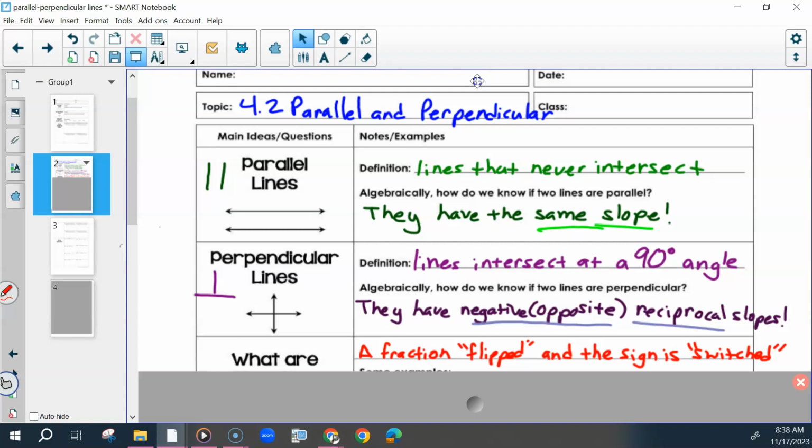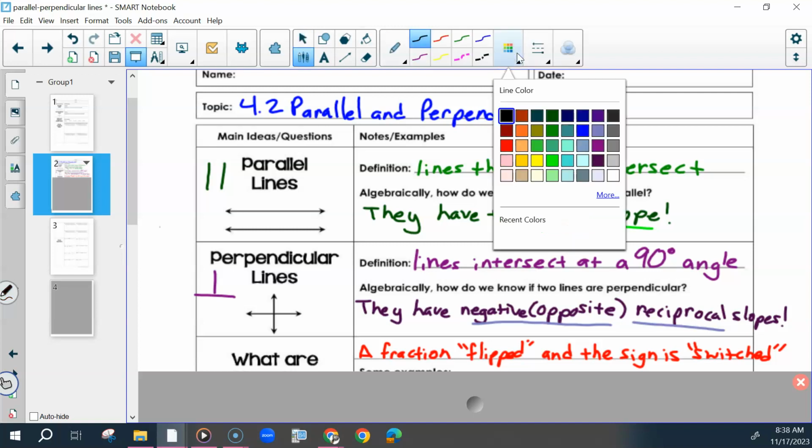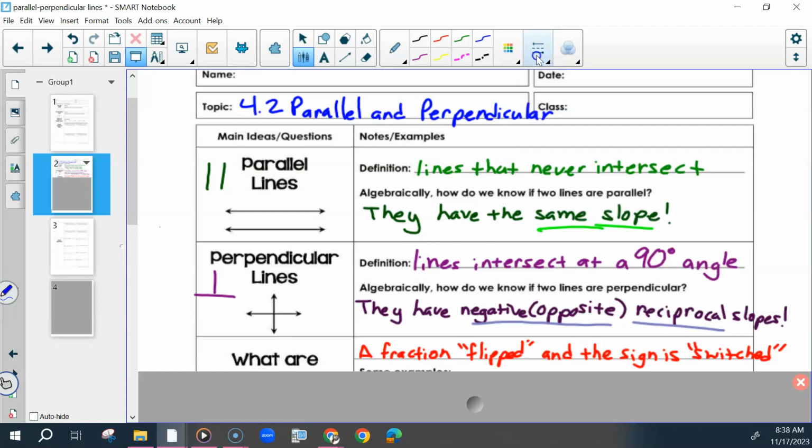You can also add in and different y-intercepts, because it has to be both things. In geometry, when you talk about parallel lines, you'll be using this symbol. So if you would like to use this symbol, you're more than welcome to.